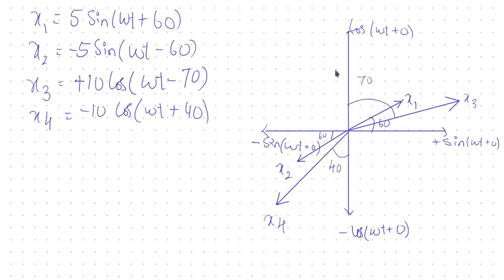So by drawing this representation, you can easily solve any kind of numerical concerning comparison of two phasors. For example, if you want to compare x1 and x3, x1 is leading x3 by, so this is 70 and this is 60, so this will be 40 degrees.